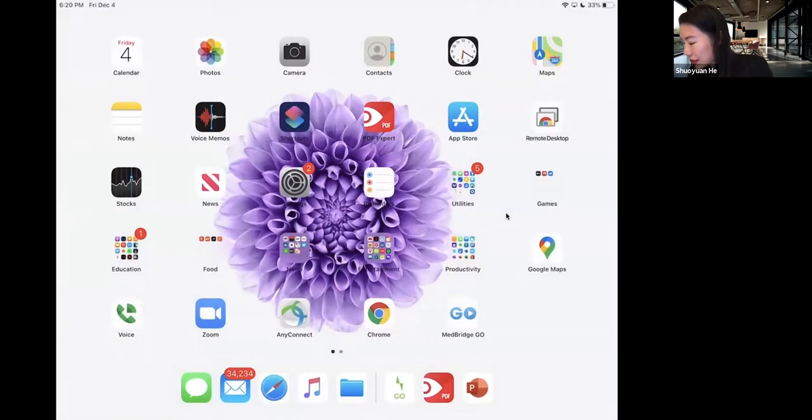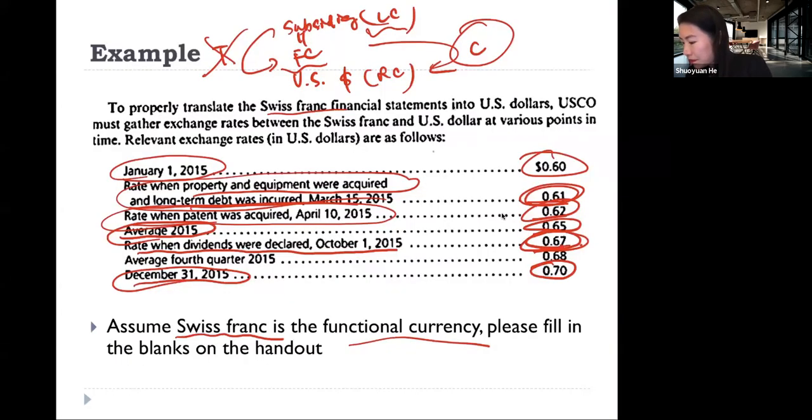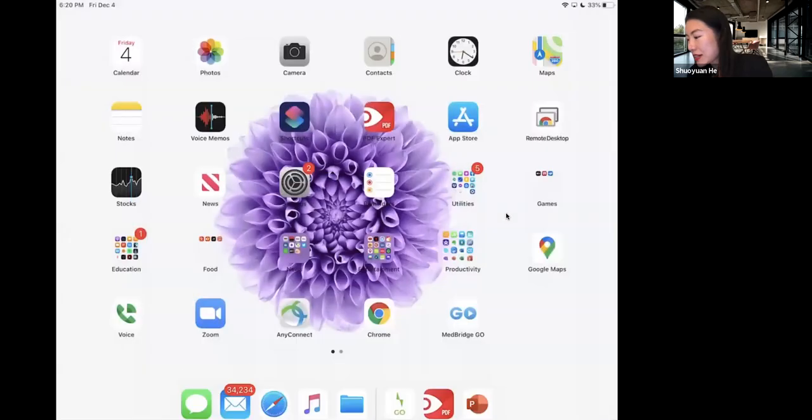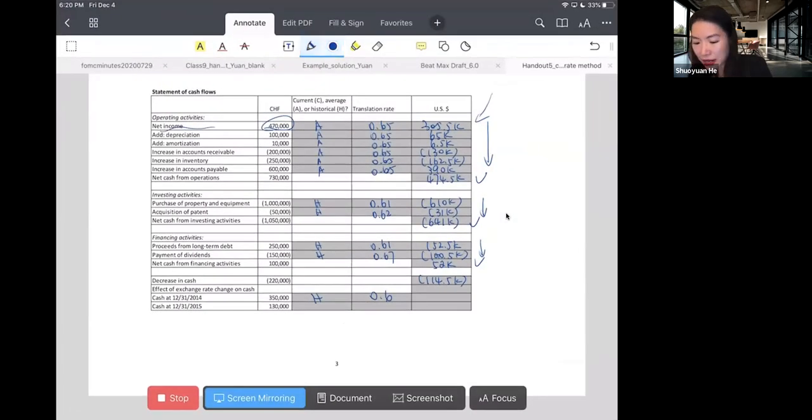Let's check that rate again. Yes, this is the rate at the end of 2014. For cash, we use the current rate, but that is the current rate at the time of 2014. So that is 0.6. And then cash at the end of 2015, from the standpoint of 2015, is our current rate, which is 0.7.